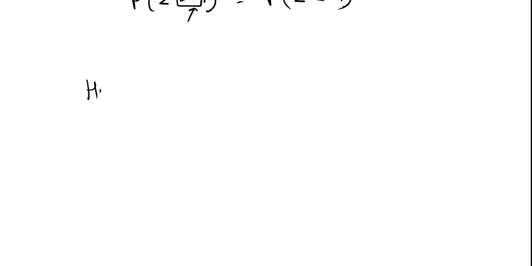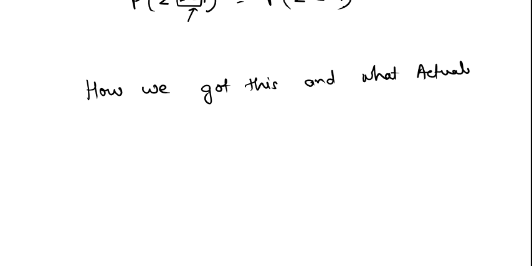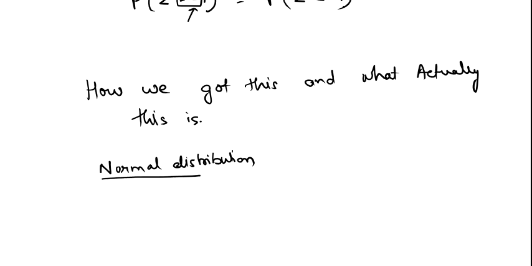Now, how did we get this Z, and what actually is this? See, we have a normal distribution, and in calculating all the values we are facing lots of difficulties. Clear?